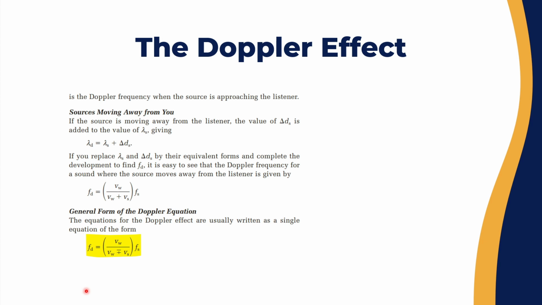You can see that the Doppler frequency for a sound where the source moves away from the listener is given by Fd equals Vw over (Vw plus Vs) times Fs. So the general form of the Doppler equation can be written as a single equation in the form of Fd equals Vw over (Vw plus or minus Vs) multiplied by Fs.